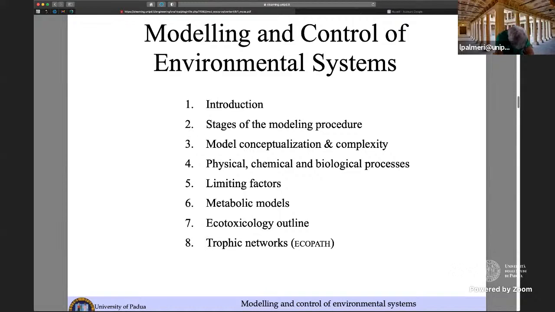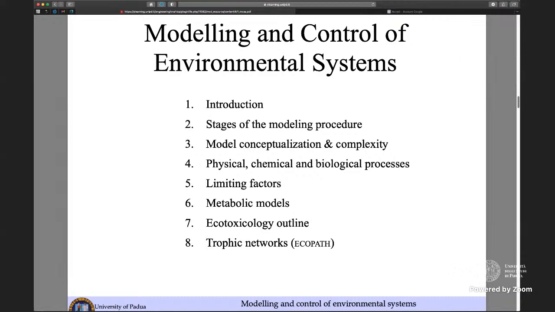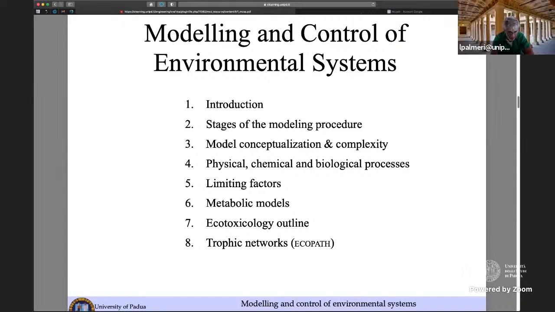Then he has to make a first analysis of the complexity of this issue in order to conceptualize an adequately complex model that is able to cover the complexity of the system I want to study. So you understand that the characteristics in terms of complexity of a model depend on the object or on the system you want to model.